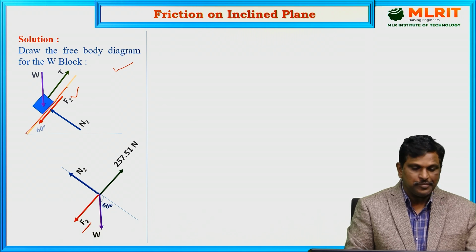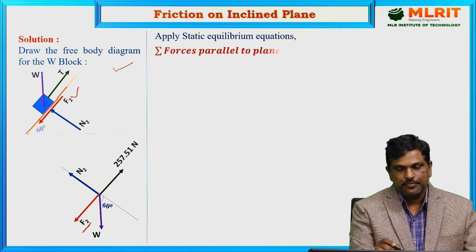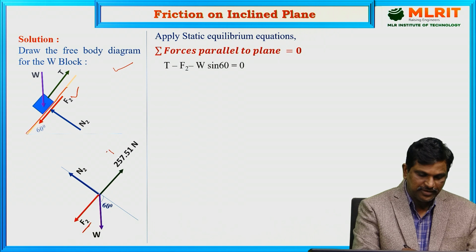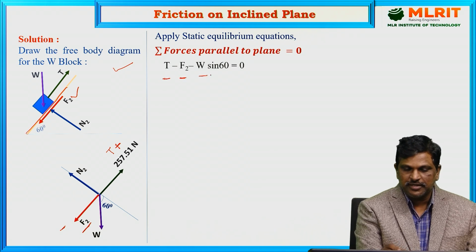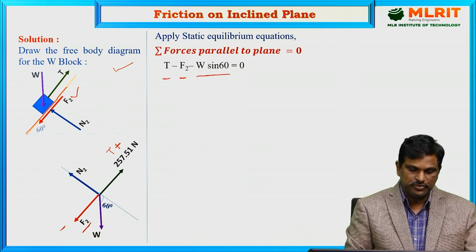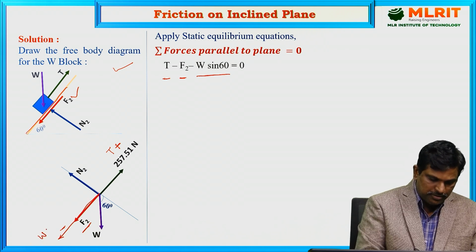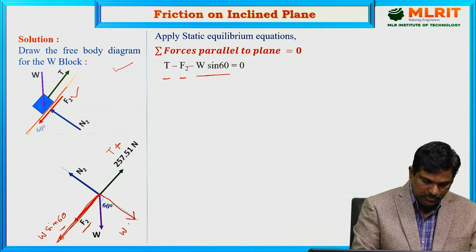downward direction. Now resolve the forces parallel to the plane and equate to 0. Forces parallel to plane equal to 0. Here the body is moving in the upward direction, that's why I am assuming T is positive and F2 is negative. T minus F2 minus W sin 60, which is the weight component parallel to the plane, and the weight component normal to the plane is W cos 60.